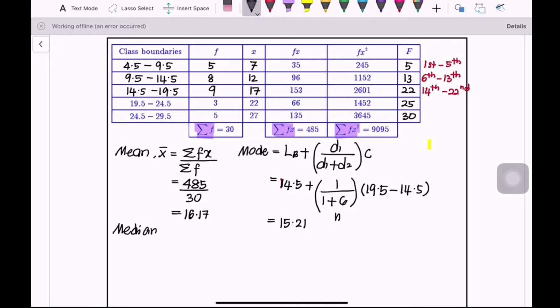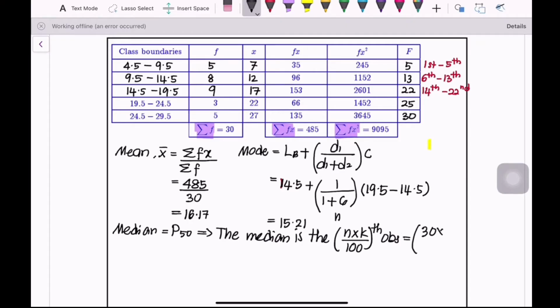The median is equal to P50. First, we determine the observation of the median. So the median is the n times k over 100 observation, where n is 30 and k is 50 because of P50, over 100.